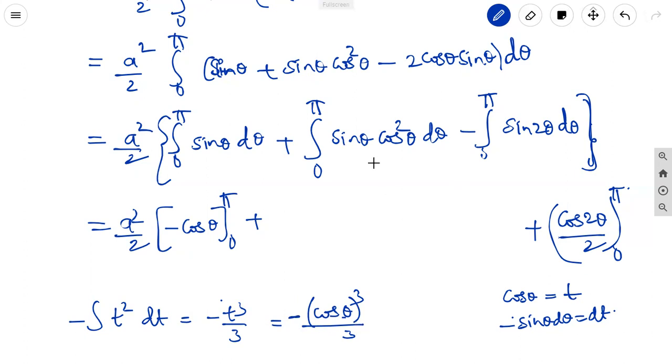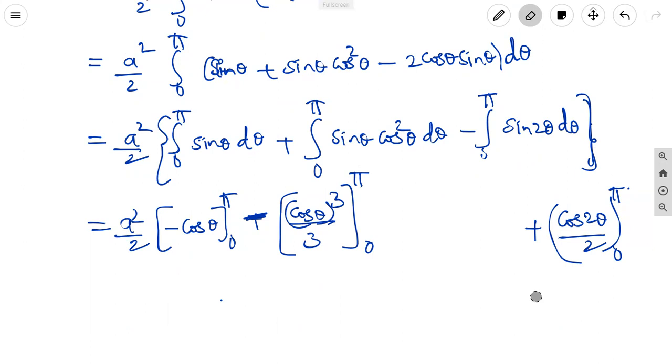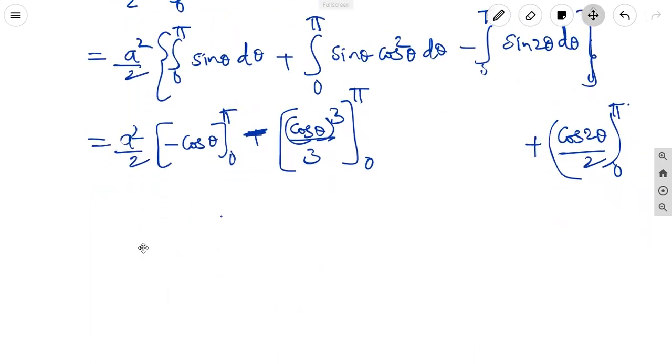Here limits we can directly apply. Minus cos theta whole cube by 3, limits from 0 to pi. Minus, so here minus into minus plus. Now we can apply the limits.